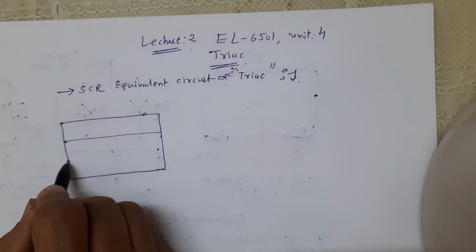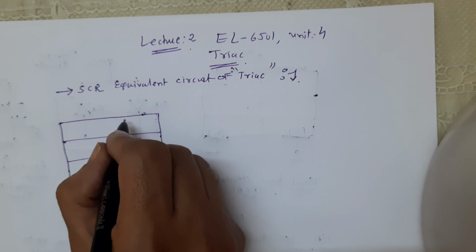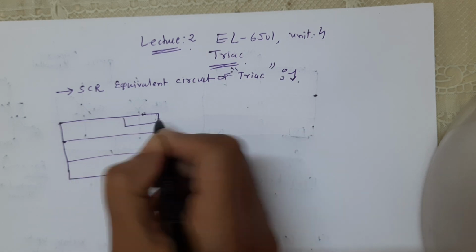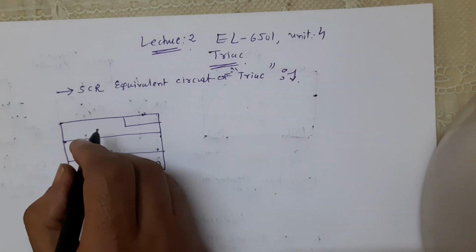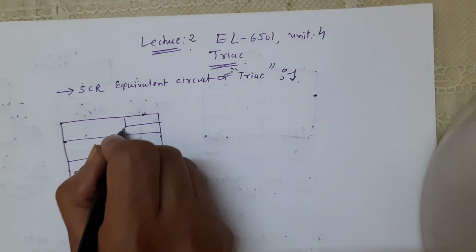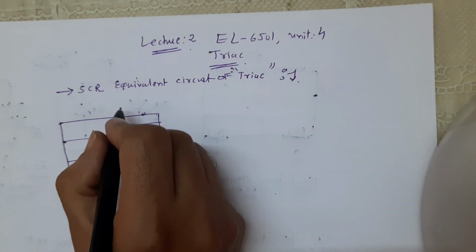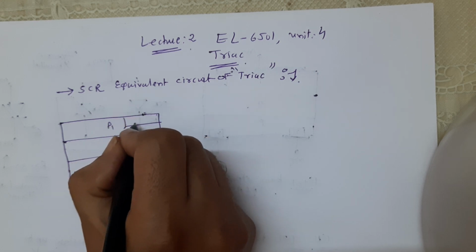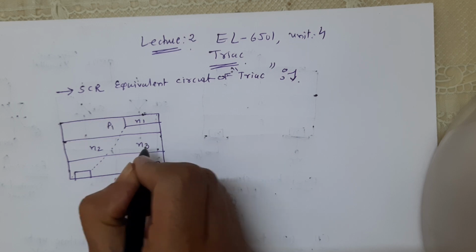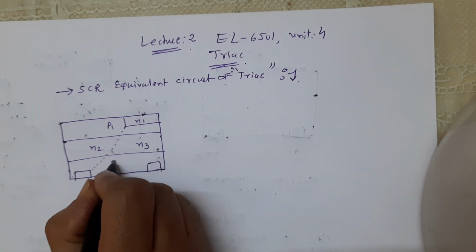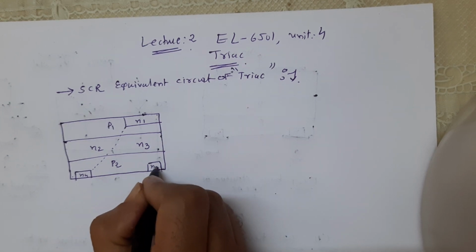This is your N1 and this is your N. So we separated and we cross this, then this is your P1, this is your N1, this is your N2, N3, this is your P2, this is your N4 and this is your N5.